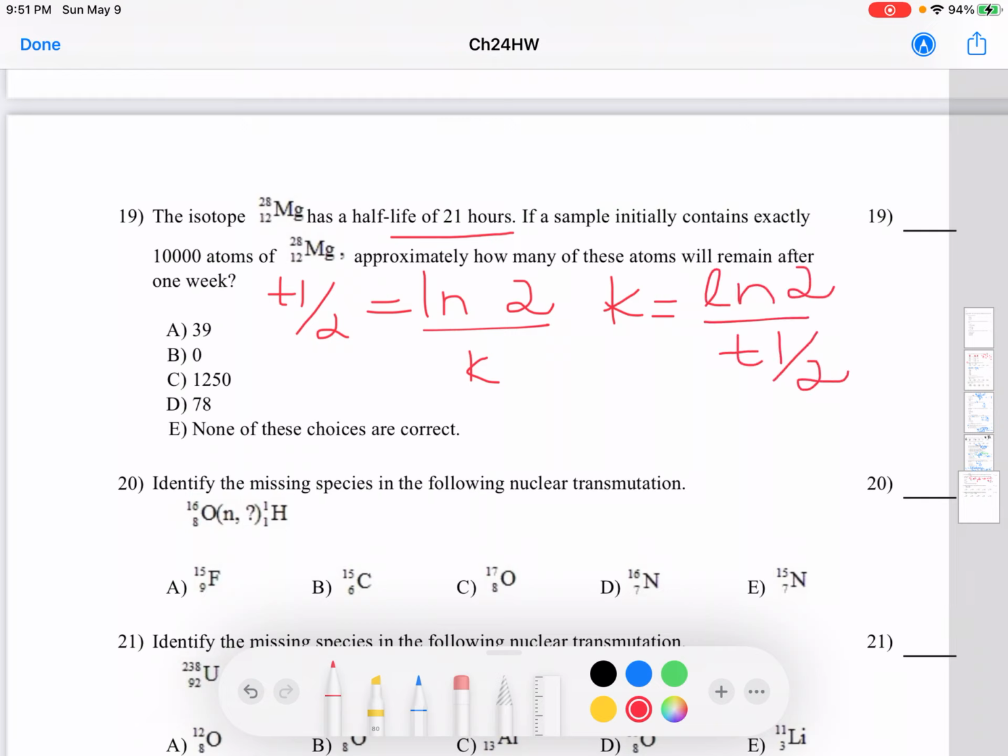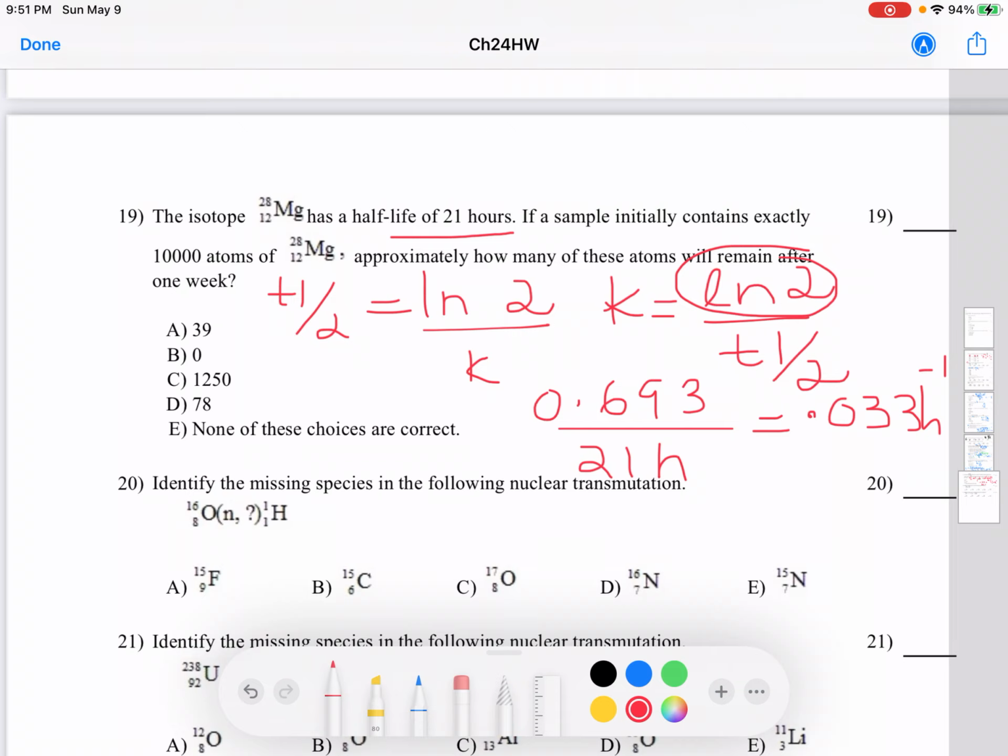So you put ln2 in your calculator, it will give you 0.693, and you divide by the t half, 21 hours. So 0.693 over 21 hours is 0.033. So we found the decay constant is 0.033 per hour.